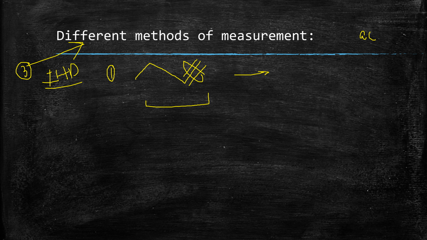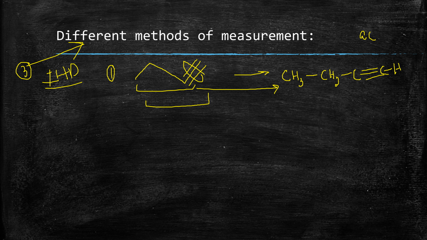So let's write what we are given in the first method of measurement. We first write what we are given: CH3, CH2, CH, no CH, only C, then C and H. This is what we have. I converted this form to this form of writing.